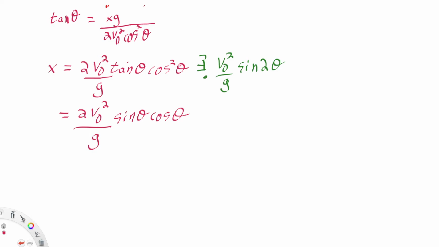How do we get to the equation in green from that? It's also another trig law, when we see sine multiplied by cosine, it's the same as sine 2 theta, right?